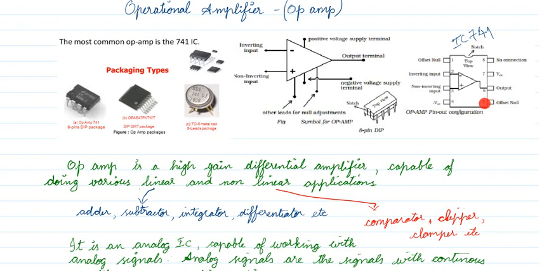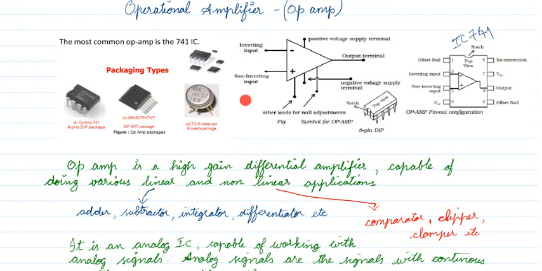Okay, then the second pin is going to the minus terminal, so we say it is an inverting input, and the third pin is going to the plus terminal. We say it is non-inverting. Minus for inverting, plus for non-inverting, and this is the output. And we have two power supplies we have to give, and that is positive VCC at the pin 7 and minus VCC at the pin 4. And the pin 8 we don't have any connection, so we can just simply leave it out.